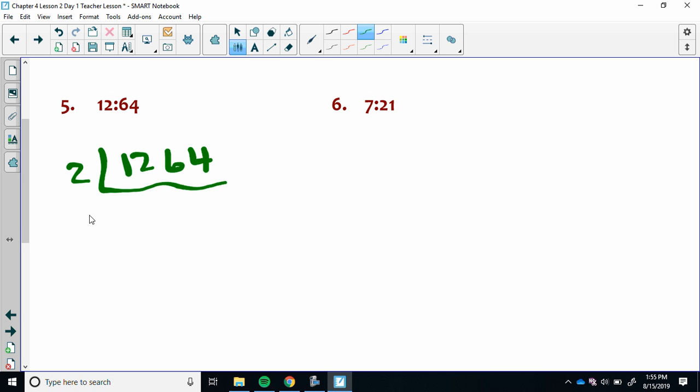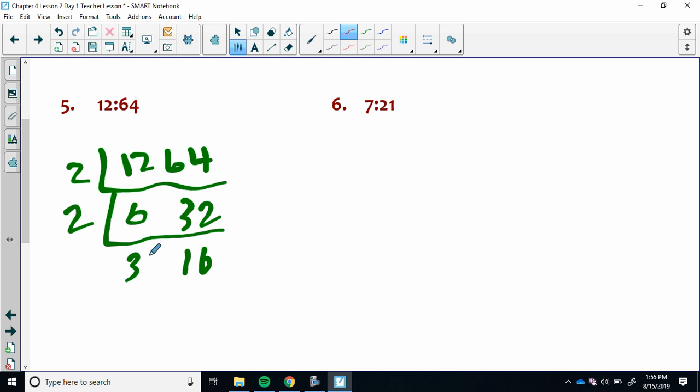I just like to start with 2 because it makes my numbers smaller. 12 divided by 2 is 6. 64 divided by 2 is 32. Both even again, can divide by 2. 6 divided by 2 is 3. 32 divided by 2 is 16. That's in simplest form. So my new ratio is 3 to 16.